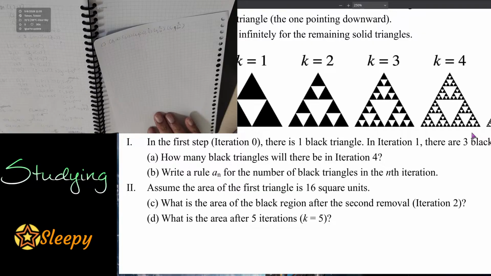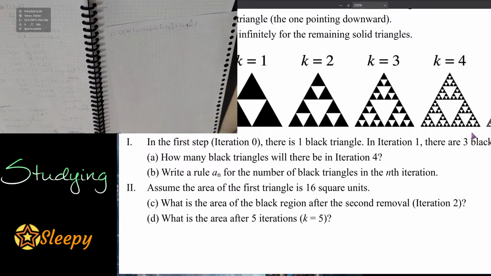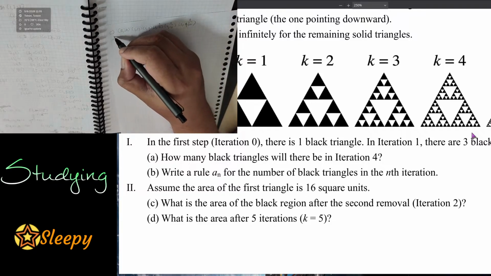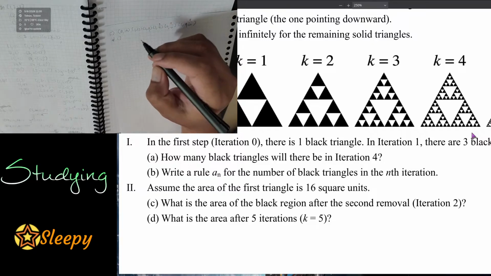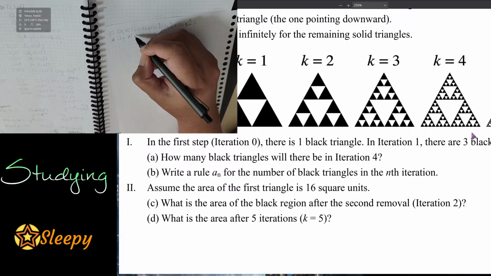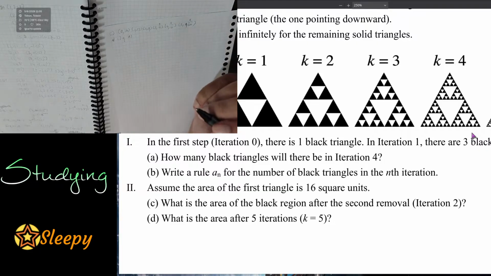What's the area of the 5th iteration? C is 9, and D is 9 divided by 64. And the formula is times 1 quarter, right?